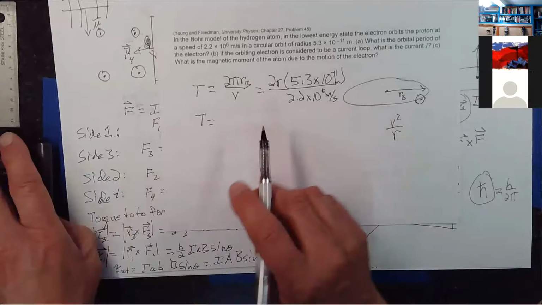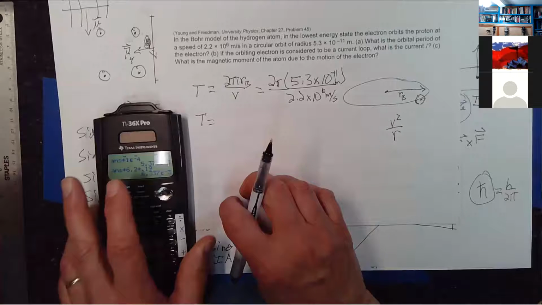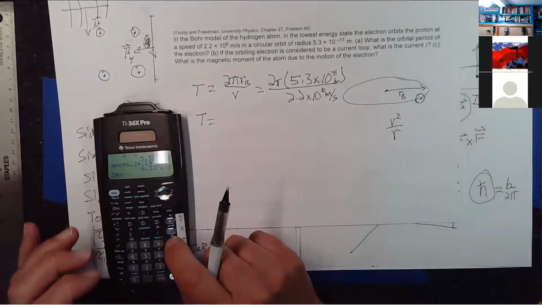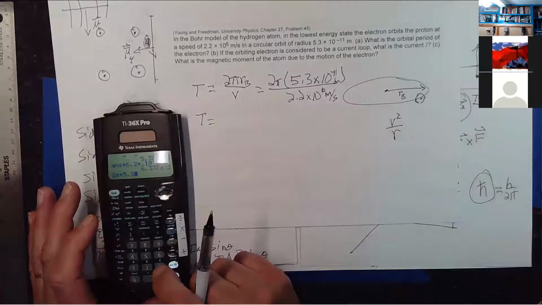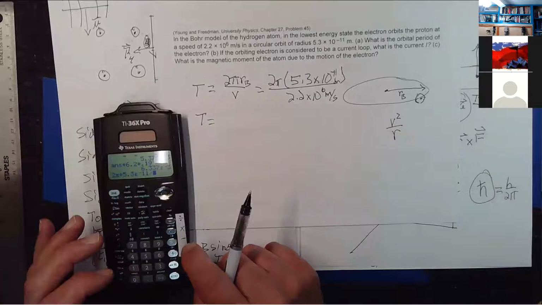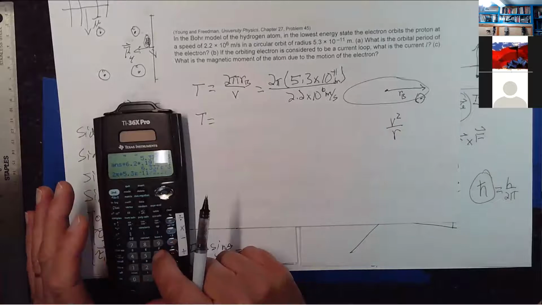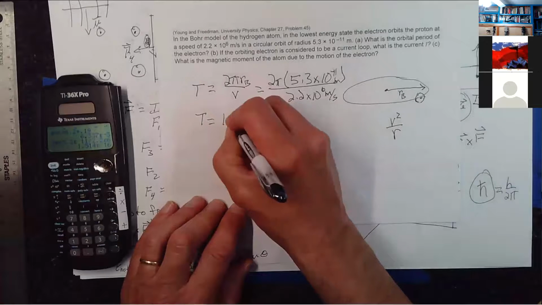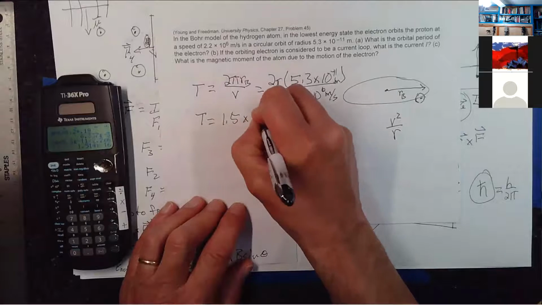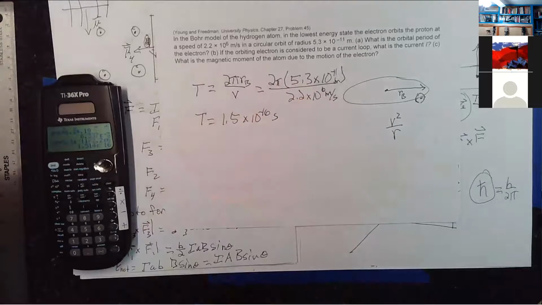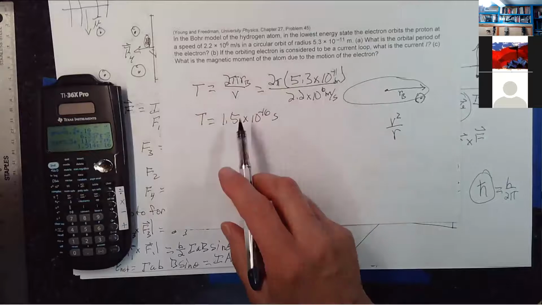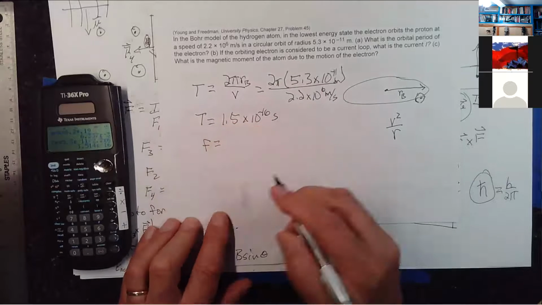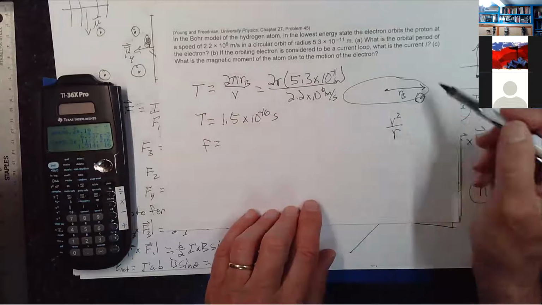All right, but we can figure out the orbital period. Now, what good will the orbital period do us? Well, I get an orbital period of about 1.5 times 10 to the minus 16th seconds. But guess what the reciprocal of that is? It's the orbital frequency, which is how many times per second that electron goes around here.